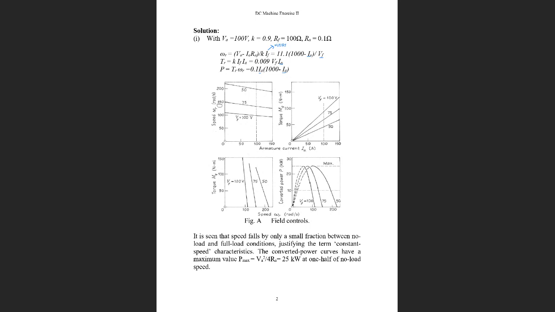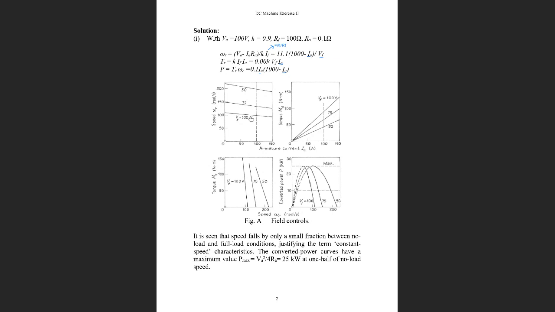First, we look at the motor speed against the armature current. For VA equal to 100 volts, the motor speed decreases slightly with the increase of the armature current, in a straight line, because here it is a linear excitation.